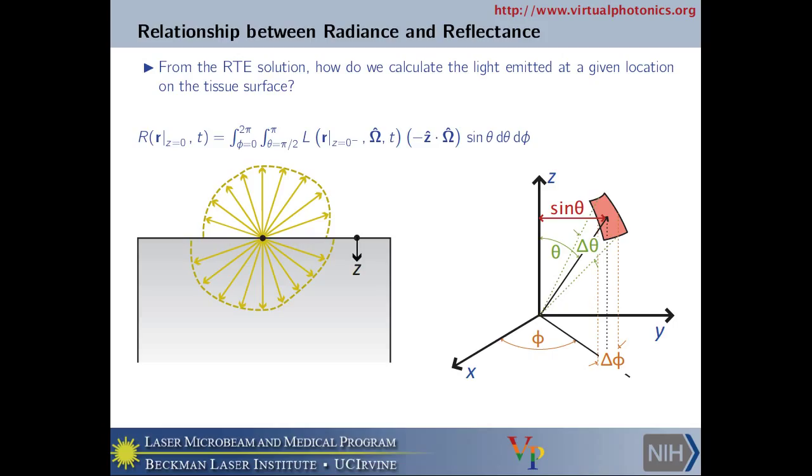Gordon, yeah, please. Maybe another way to think of that is radiance, which is given in watts per square meter per steradian. If your detector is at an angle, that square meter is changed by cos theta.